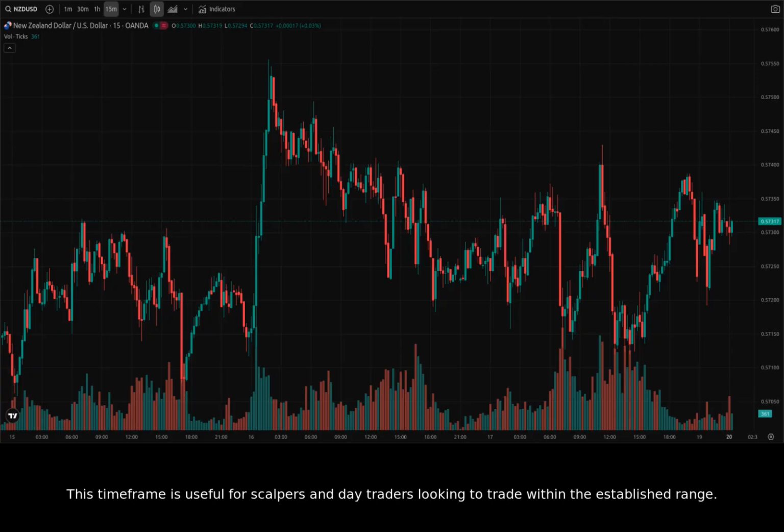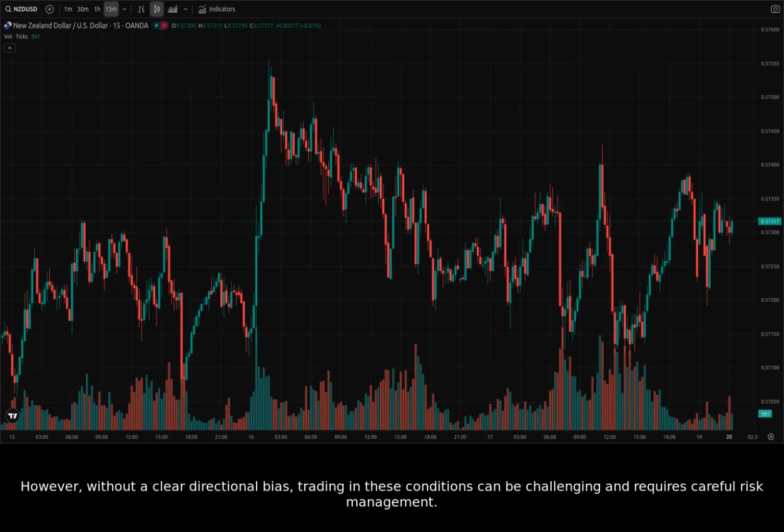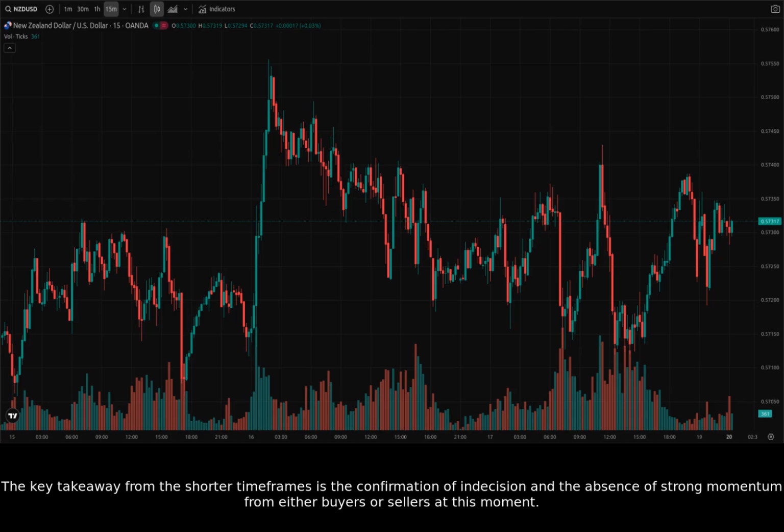This time frame is useful for scalpers and day traders looking to trade within the established range. However, without a clear directional bias, trading in these conditions can be challenging and requires careful risk management. The key takeaway from the shorter time frames is the confirmation of indecision and the absence of strong momentum from either buyers or sellers at this moment.